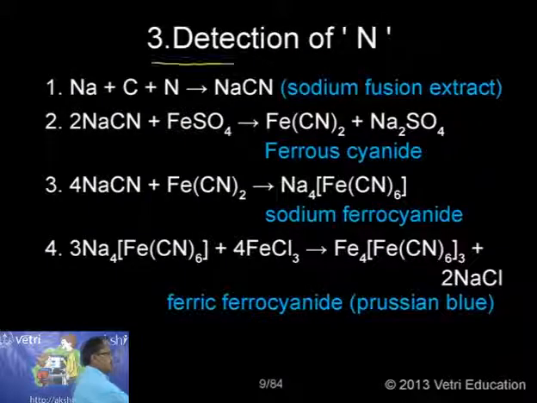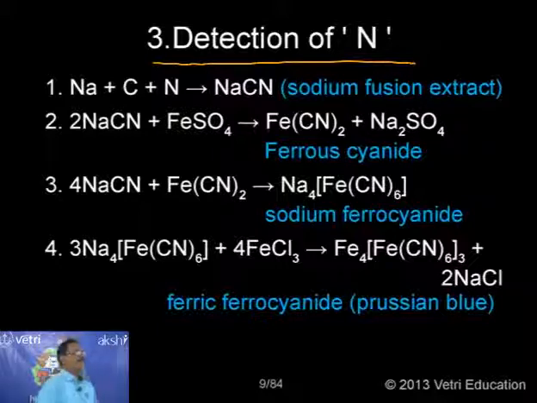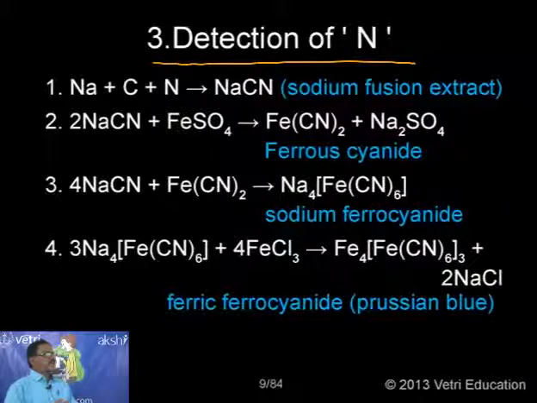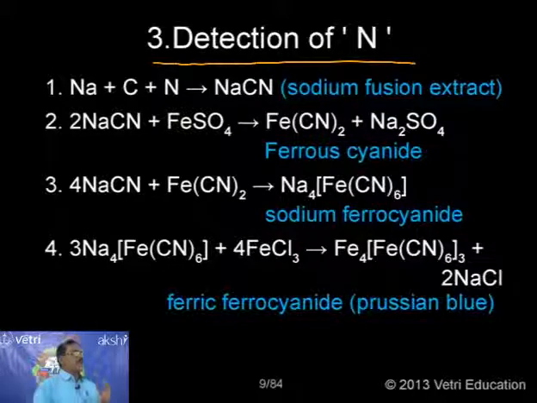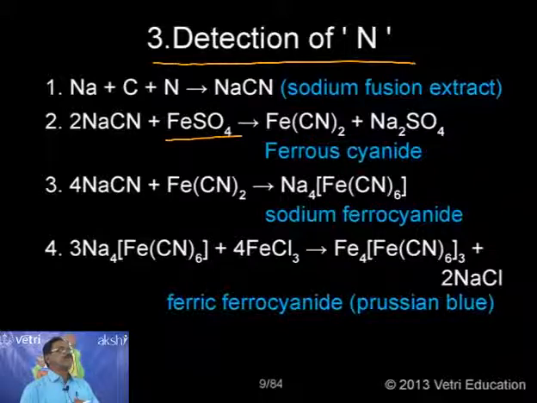First, let me take detection of nitrogen. Under the detection of nitrogen, what is the actual procedure I have to follow? Take 1 ml of sodium fusion extract. Kindly follow. Then to that add freshly prepared ferrous sulfate solution.